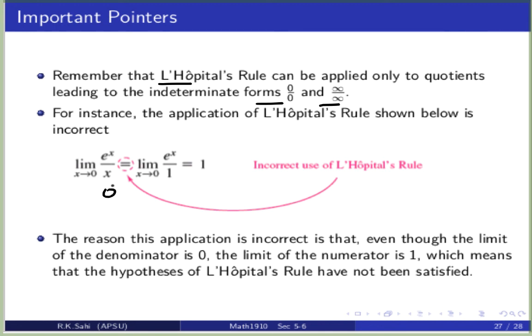This is e to the power 0 is 1 over 0. So this is not the right way. Be very, very wary of it. Okay. Now, the limit of the numerator is 1. So this is very important. The hypothesis of L'Hopital's rule should be satisfied.